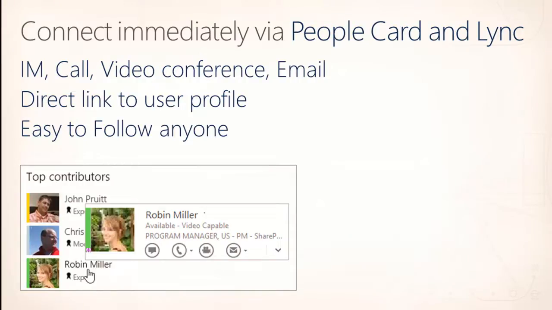It's fantastic. I can also go find more about them from their profile, but I can also go follow them, which is great. So, hey, this person was a top contributor in the community. I really want to see what they have to say. So far, everything I've seen has just been fantastic, and I'm going to benefit from following them.